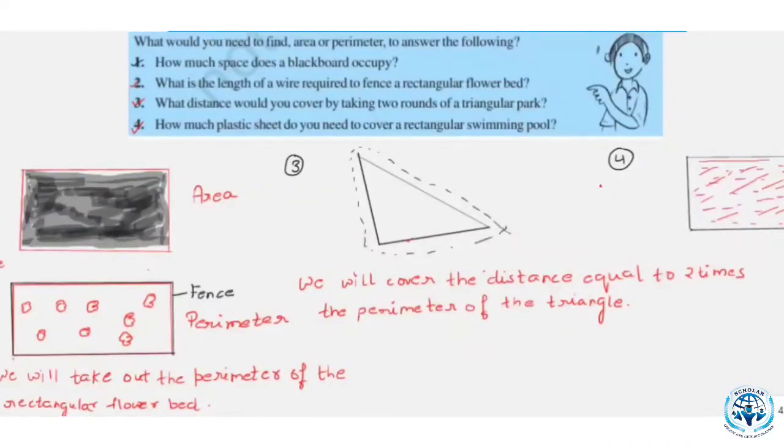That means the perimeter of the rectangle. In the first one, we will take out the area of the blackboard.